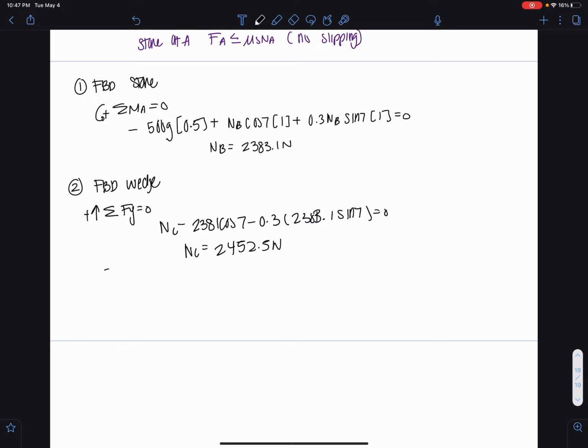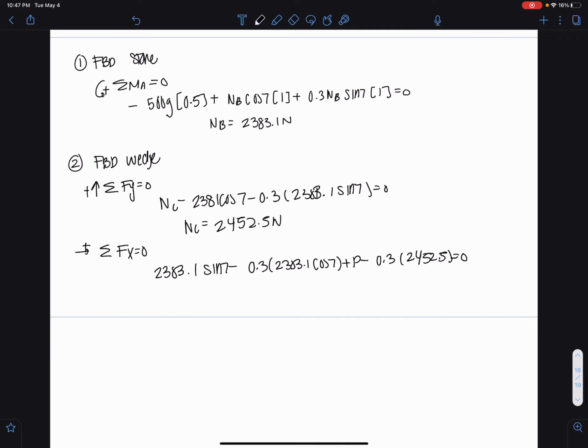And then my last equation here. And I can solve for P as 1.15 newtons.